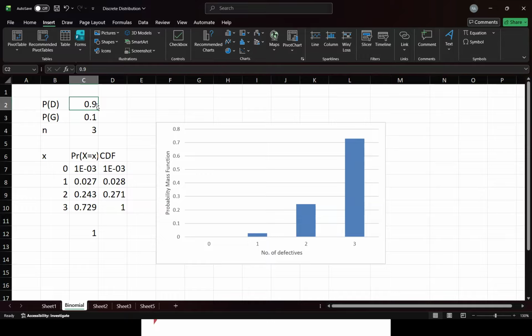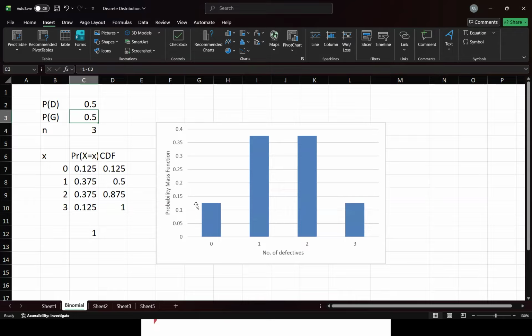And if the probability of defectives is equal to the probability of good components, then the probability mass function is going to be symmetric.